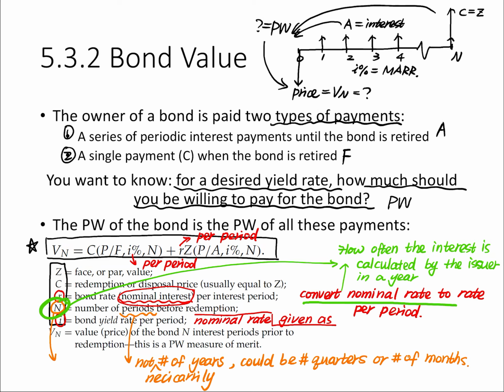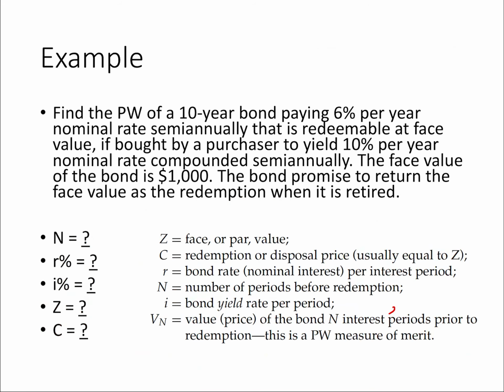If it's compounded semi-annually, in a year it's compounded twice. If it's compounded quarterly, in a year it's compounded 4 times. We have discussed this before, but here we want to just emphasize it again. That's the tricky part. All right, now let's see an example.